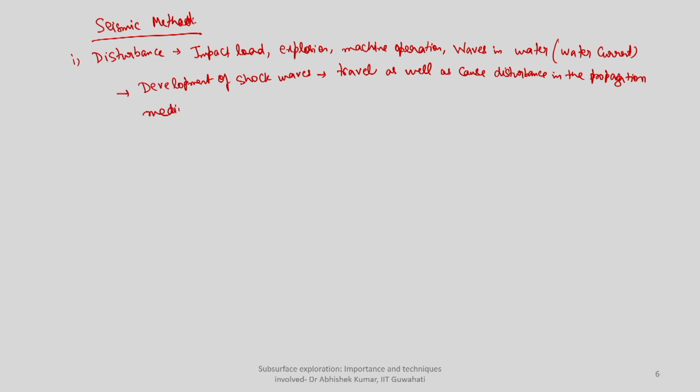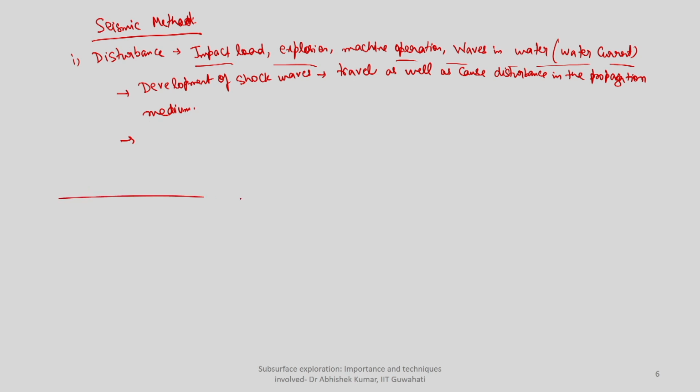Depending upon which medium it is passing through, it will cause some kind of disturbance. What kind of disturbance it is going to cause depends upon what kind of wave you are targeting. So, precisely, whenever there is some kind of shock or disturbance because of the above mentioned reasons, the disturbance at the surface will cause some kind of wave generated at the source.